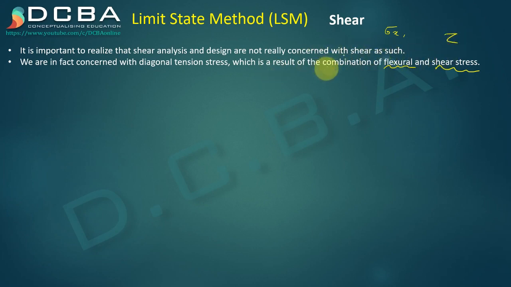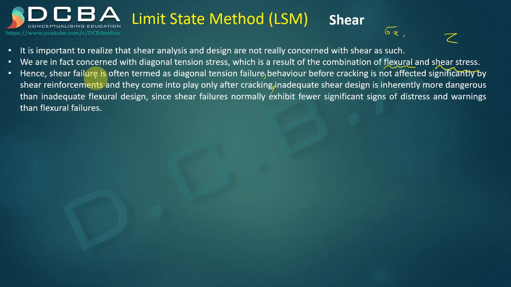So it was a combination of flexural and shear stress which produced the principal stresses inside the body of the concrete, due to which cracks formed inside, and those cracks had a definite pattern of forming. Hence, shear failure is often termed as diagonal tension failure.